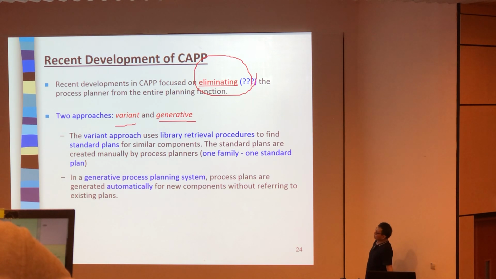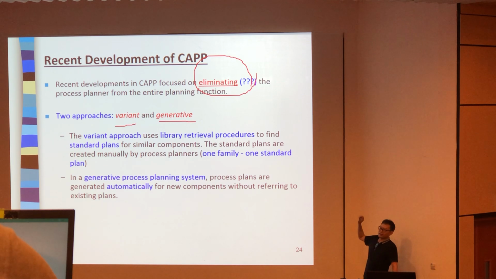By the word variant, the variant is actually related to similarities, right? Similar things. So the variant approach uses a library retrieval procedure to find standard plans for similar components. And the standard plans are created manually by process planners, one family, one standard plan.